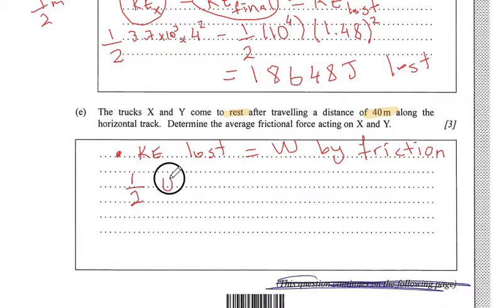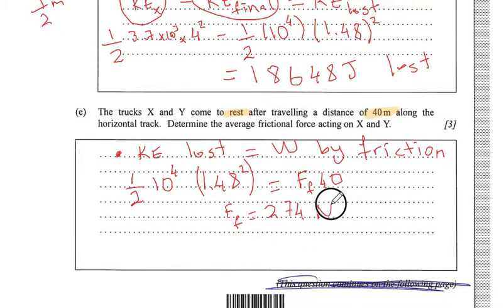So this would be the total mass, and 1.48 squared would be their v squared. And then I set this equal to the force of friction times the distance traveled. When you calculate force of friction, you get 274 newtons. So that would be 1 mark, and then the answer would actually be 1 mark.